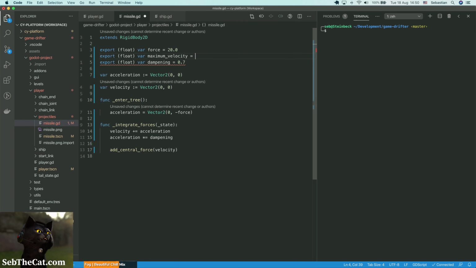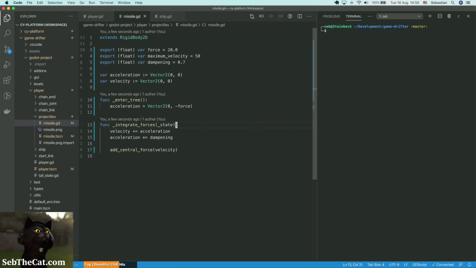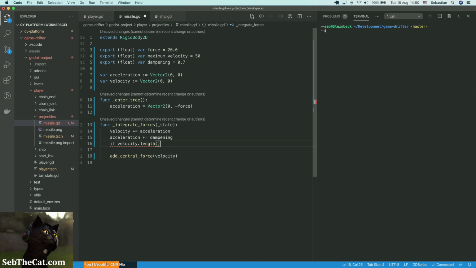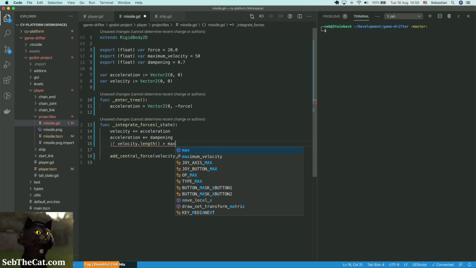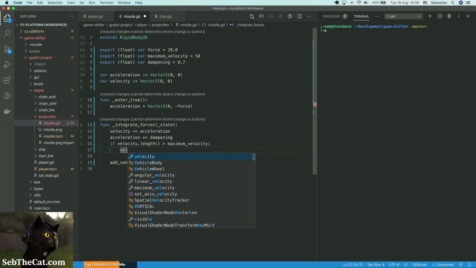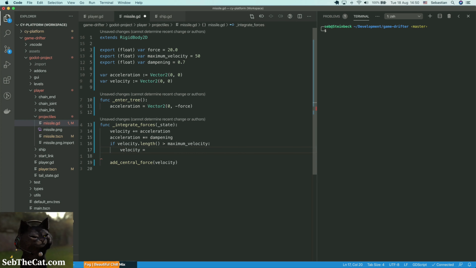And maximum velocity, I have no idea what that should be. Just keep it relatively low at 50, and then we can say if velocity.length is greater than maximum velocity, then the velocity should equal velocity dot normalized times.